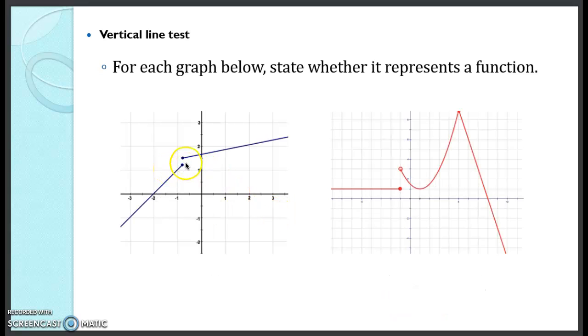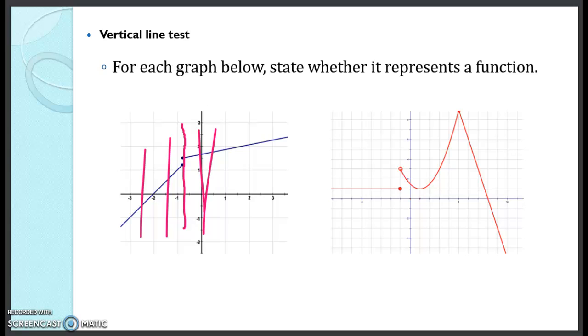For these ones, we can have jumps, and that's okay. But notice something about this one: I have single outputs for each of these inputs, right? My vertical lines are good. But if I draw a vertical line here, I don't have a function because I have two different outputs in this line.